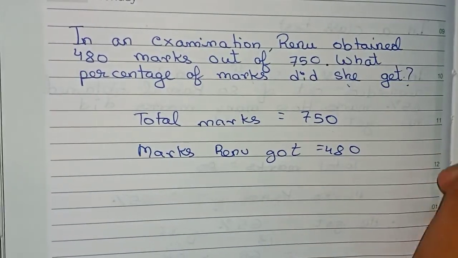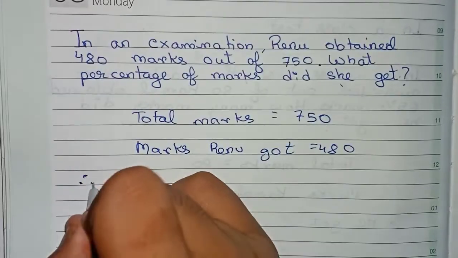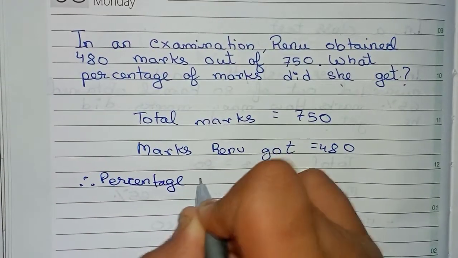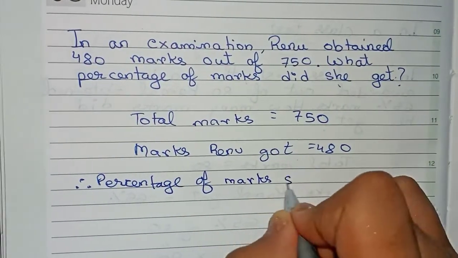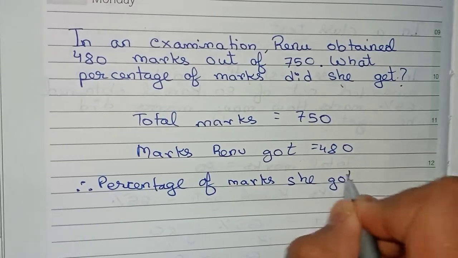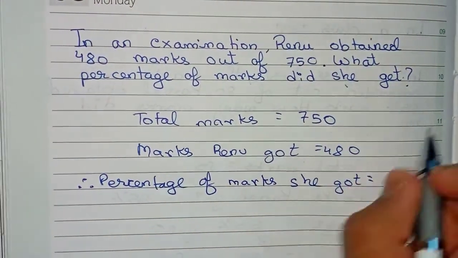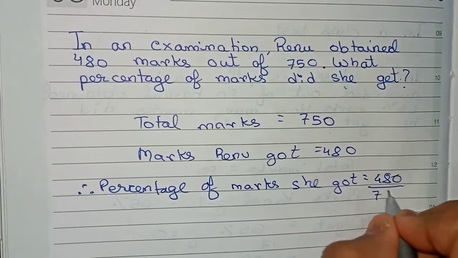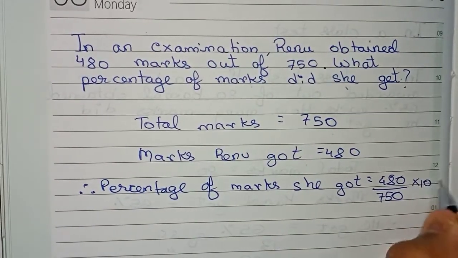With this information, you have to find the percentage of marks that she got. So the percentage of marks she got equals Renu's marks, that is 480, by the total marks, that is 750, into 100. So this will be the formula for that.